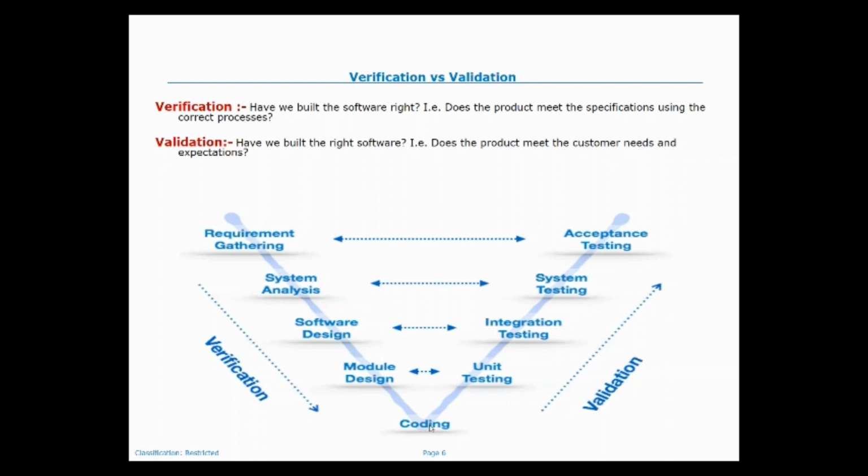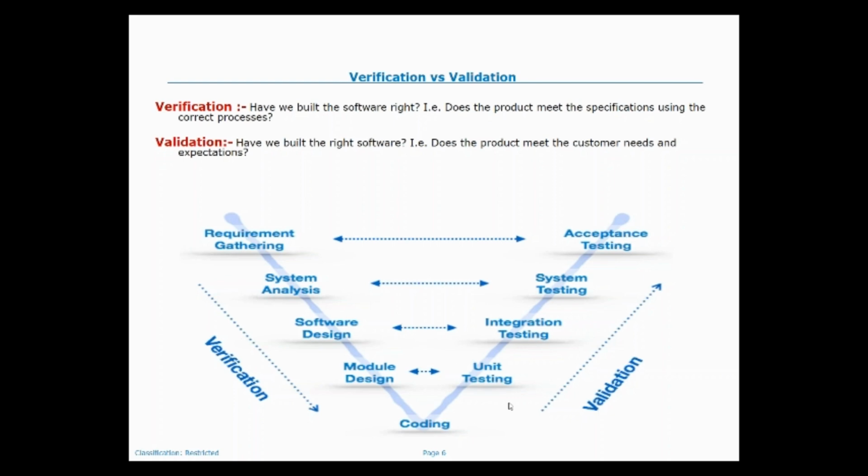We will see different software development life cycles in our course, but this is a V type of model where on this side all the requirements or the development phases are listed, and on the right side are the testing phases. So all these testing phases are known as the validation steps or validation activity.